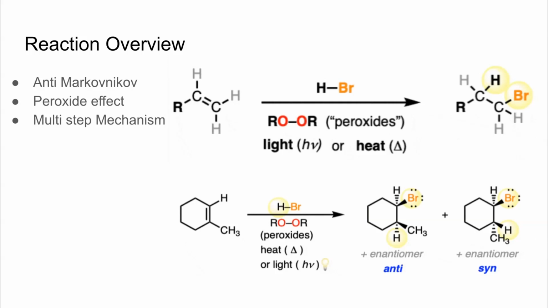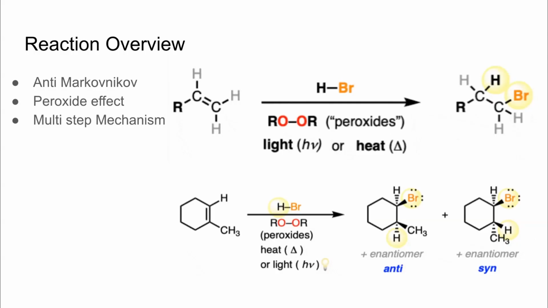However, in the presence of peroxides and heat or light, the bromine adds to the least substituted carbon of the alkene to get the most stable radical. The hydrogen from the HBr adds to the most substituted carbon of the alkene.